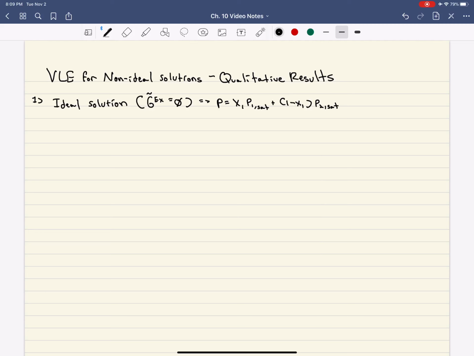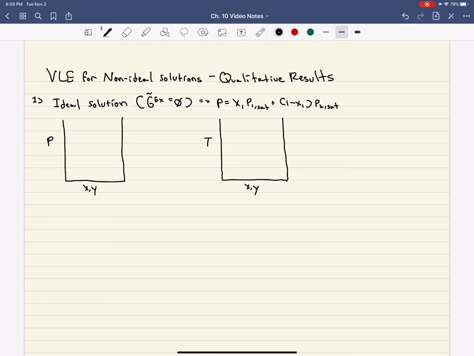Okay? Alright, and so here, if we sketched out the PXY and the TXY diagrams, we would see shapes like this, okay?